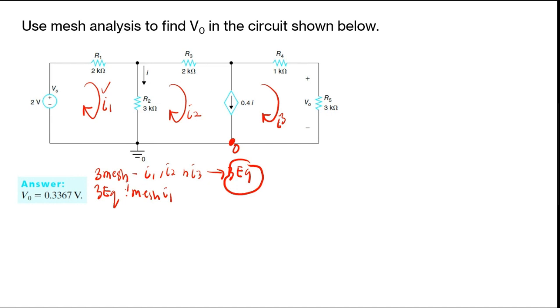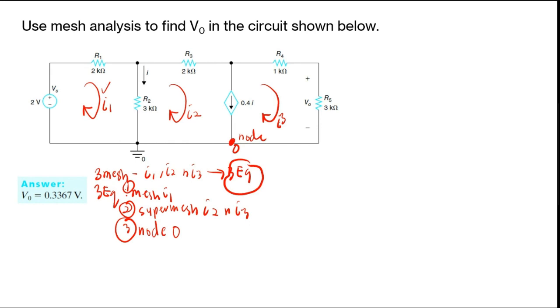This is the first equation. The second equation is coming from the super mesh I1, I2, and I3. And the third one is the equation at node 0 here, where your super mesh is happening. So another equation is from node 0. So you have these 3 equations.